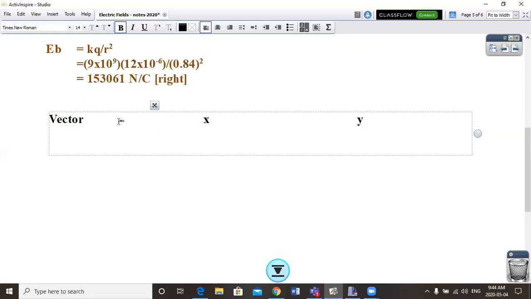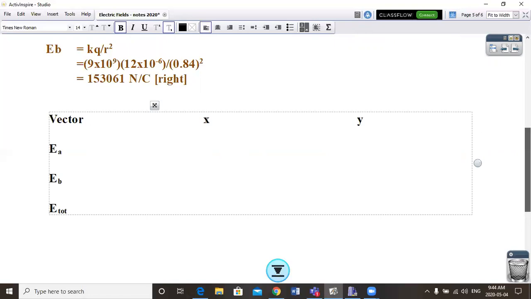Okay, so we have field due to charge A, field due to charge B, and then the total field where we add the two.